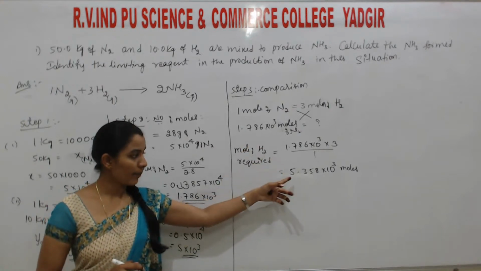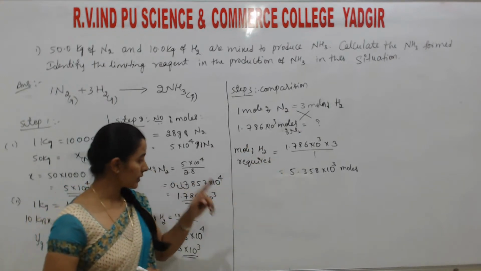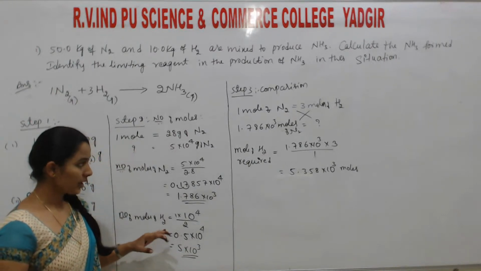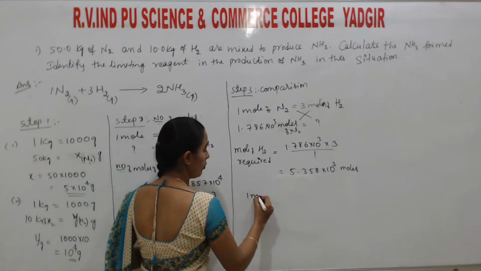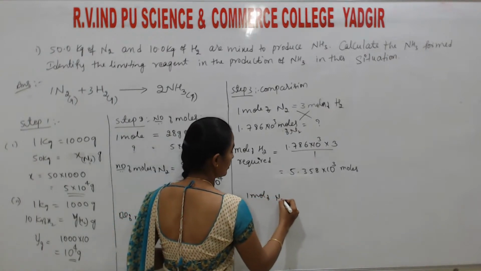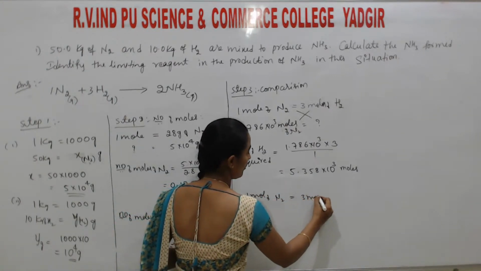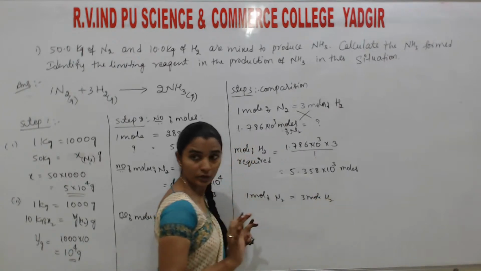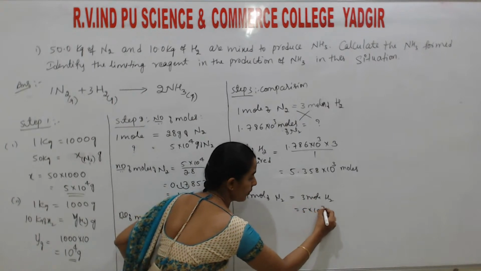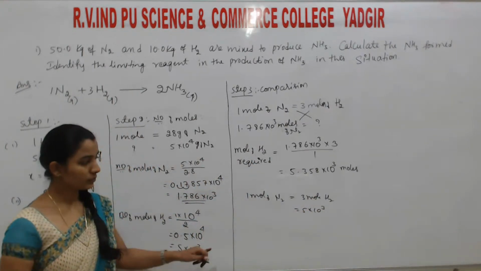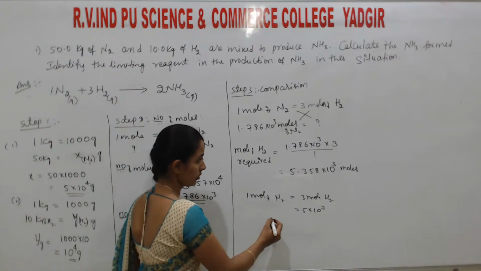Compared to this and compared to this, so if you cross multiply, students, if you consider this result, just for your comparison I will say, okay, 1 mole of N2 is equal to 3 moles of H2. Okay, here we have 5 into 10 to the power of 3 moles of H2.